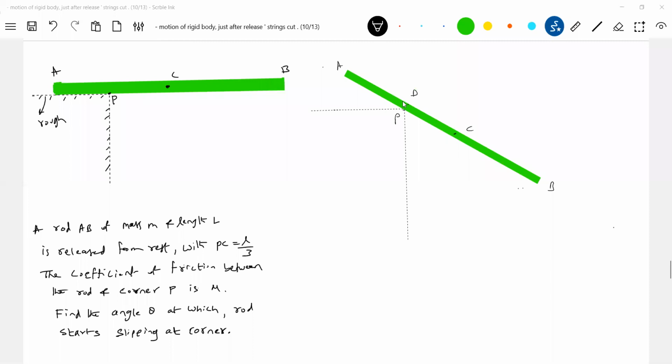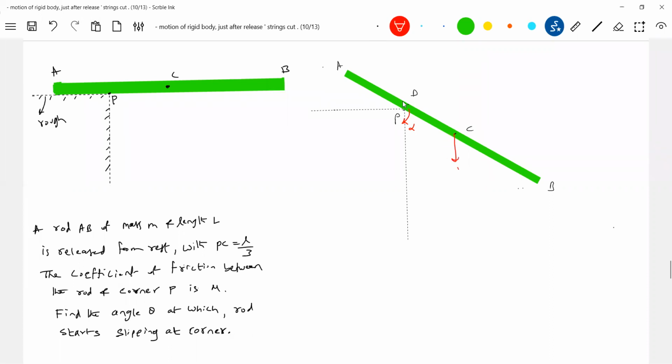So the angular acceleration we have to show is about point P only. Then it will have tangential acceleration, AT.